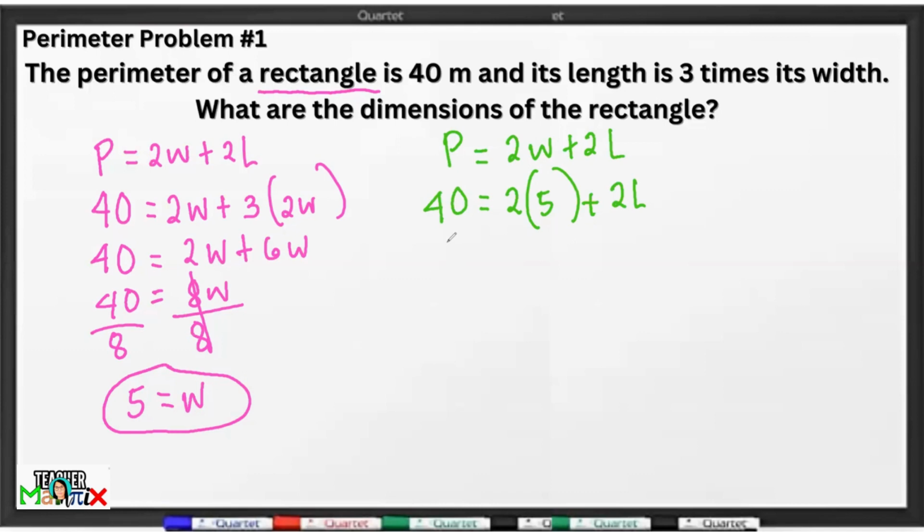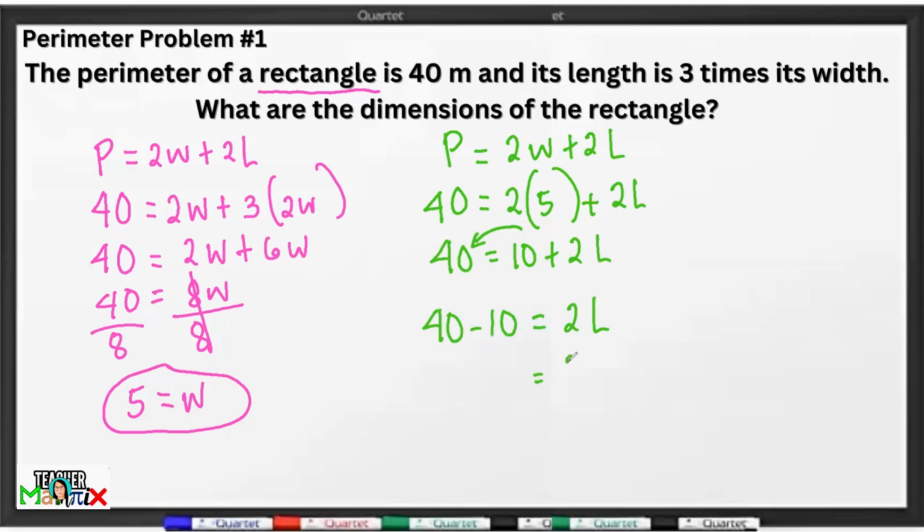Okay? So, 40 equals 2 times 5, that's 10, plus 2 times length. Okay? Now, combine the alike terms. Ito yung mga constant. Okay, 40, ito yan. Okay? Negative 10 or minus 10 equals 2L.